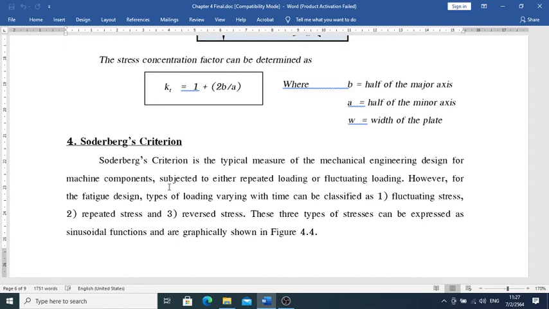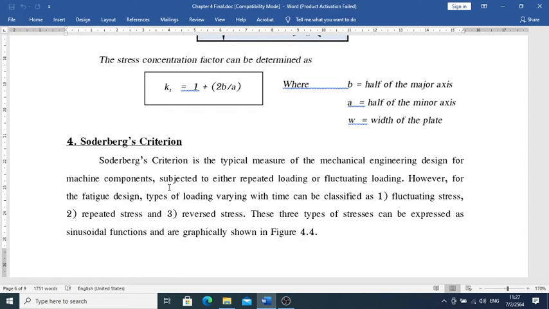We're going to pinpoint that the most likely failure is right there at the stress concentration area. Therefore, we're going to use the endurance strength as the determination for the design.